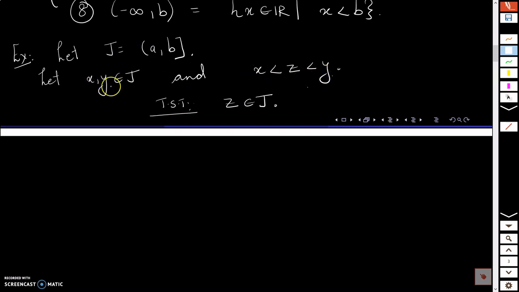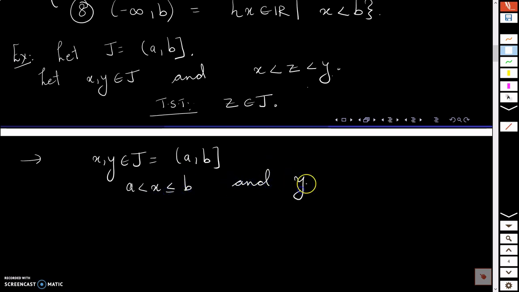Now x and y both lie in J, and J is nothing but open at a and closed at b. So that means a must be strictly less than x, and x is less than or equal to b, and a must be less than y, and y must be less than or equal to b. And now I want to show that z also comes in J.